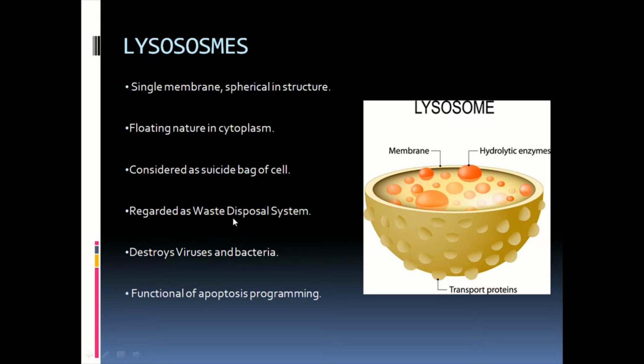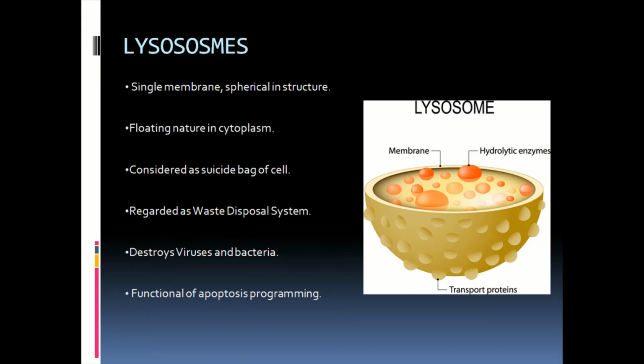Why is such a name given? Because, as we can see here, it contains hydrolytic enzymes. These hydrolytic enzymes come from the rough endoplasmic reticulum. As we have studied earlier, the rough endoplasmic reticulum has the capability to produce enzymes and proteins.